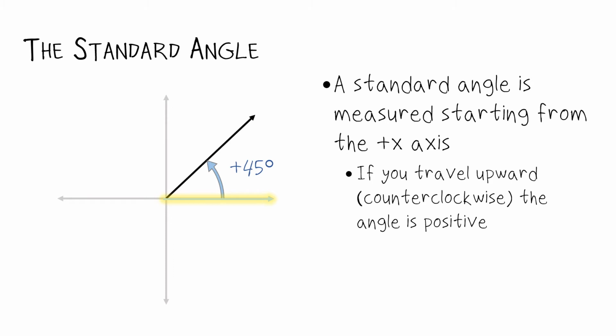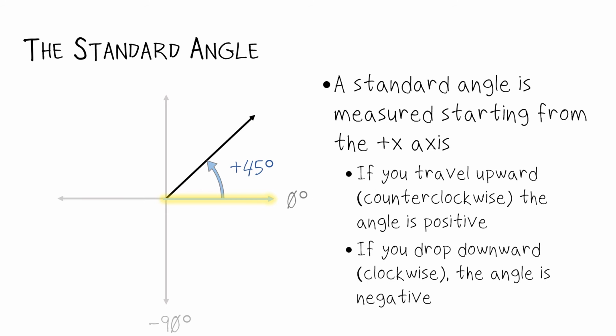But that's not the only way that we can measure that angle. We could choose instead to start at the positive x-axis, and instead of going up, we could go down. So our angle would go clockwise instead of counterclockwise. When we go down, we're hitting negative angles instead of positive angles. So we still have designations for each of the axes, but it's flipped, upside down from where we would expect to see it for positive angles.